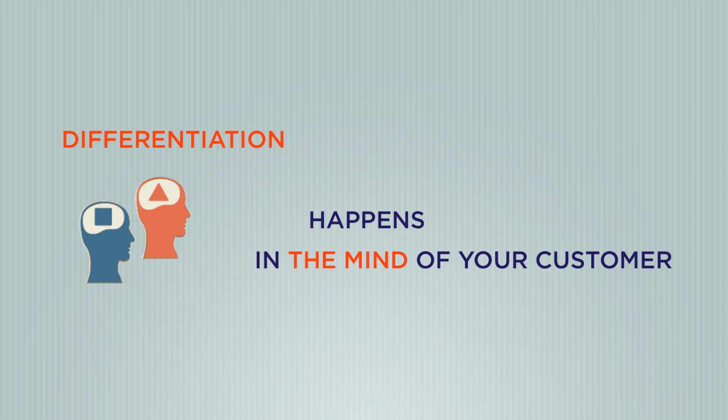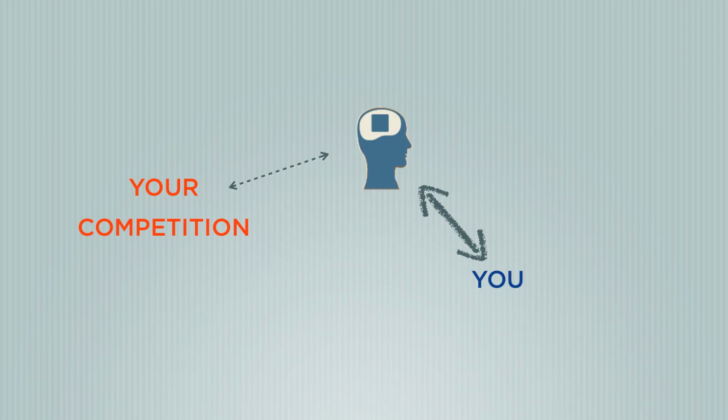Obviously, you're going to do a lot to enhance your product's richness, features, and everything. But at the end of the day, it is what the customer thinks during his or her decision-making process that differentiation comes about.